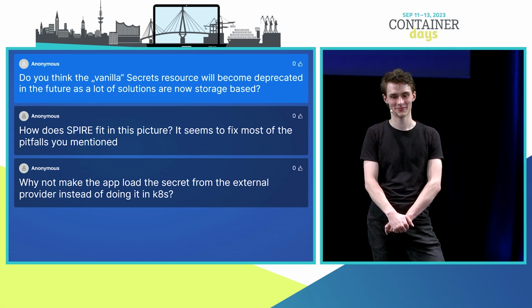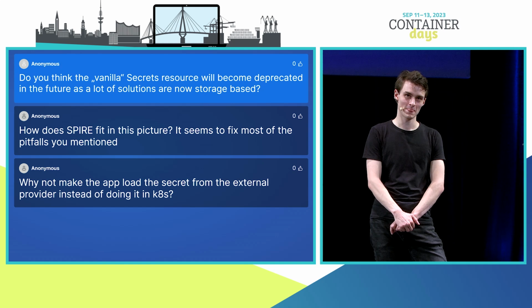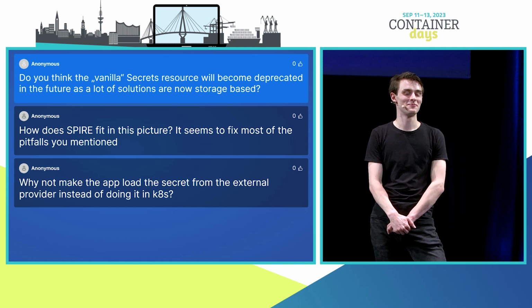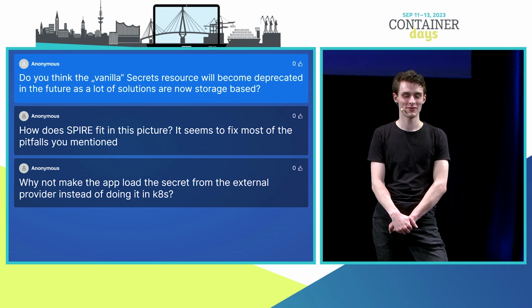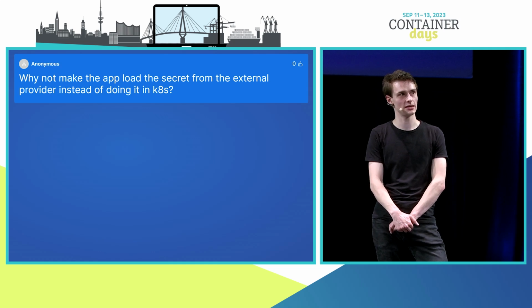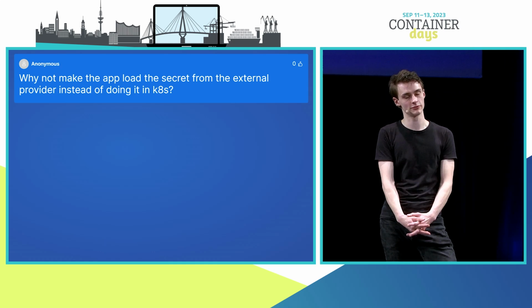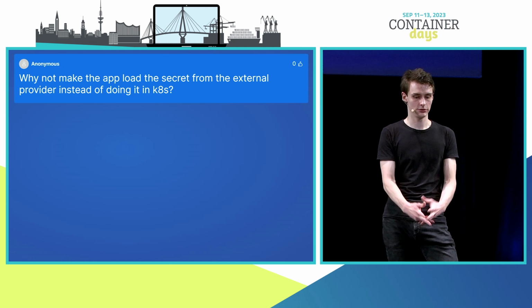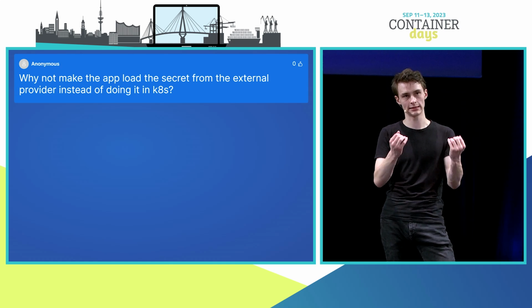And the last question that we have on Slido: why not make the app load the secret from the external provider instead of doing it in Kubernetes? I mean, it's a fair question. I think the idea is that you can do identity and a certain set of standardization with Kubernetes, which you probably won't do with your application. And even then, you still have your application. You need to provide identity to it somehow.